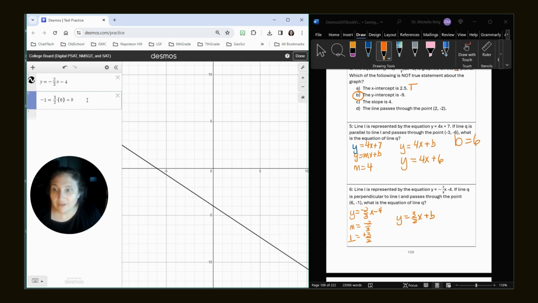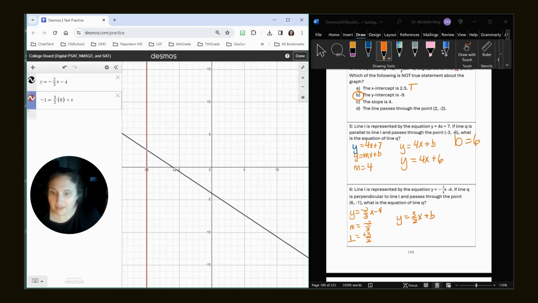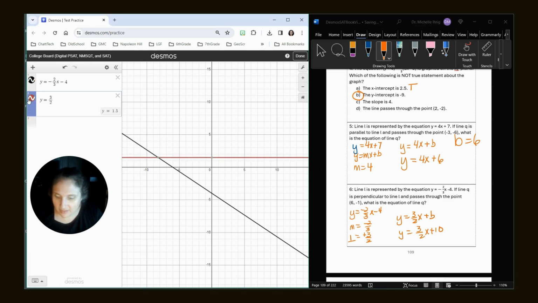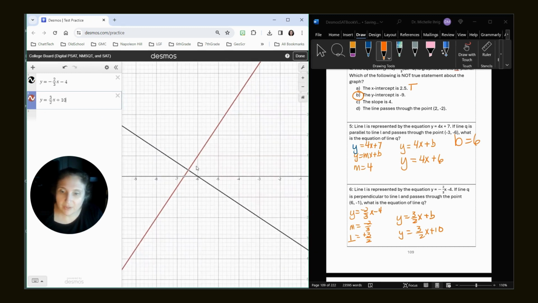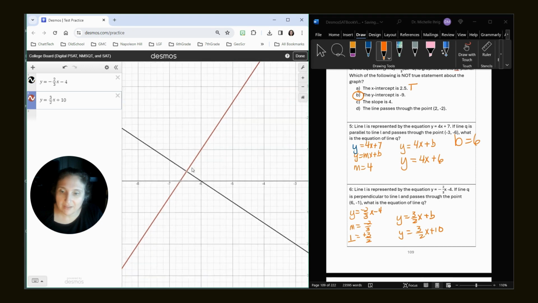And we need the b value, which now we're going to type in x again just to get that line. Ooh, good thing we did it. We got -10. Did I type everything in correctly? 3/2 x plus b. Yes, I did. So we've got y equals 3/2 x plus 10. Good thing we did this. Let's rewrite it: y equals 3/2 x plus 10. There we go. That's a perfectly perpendicular line right there.